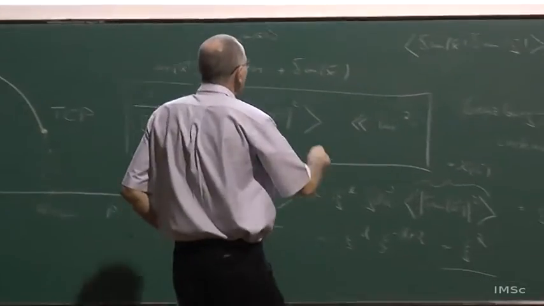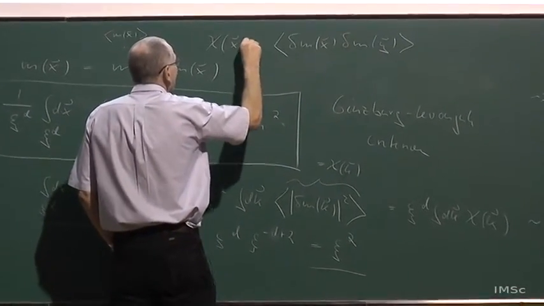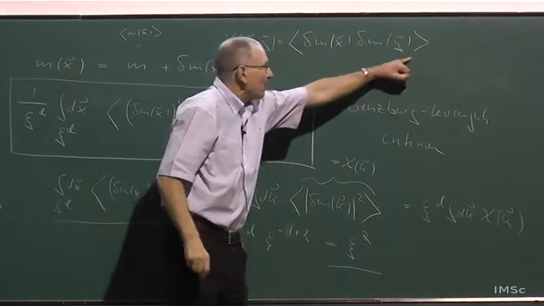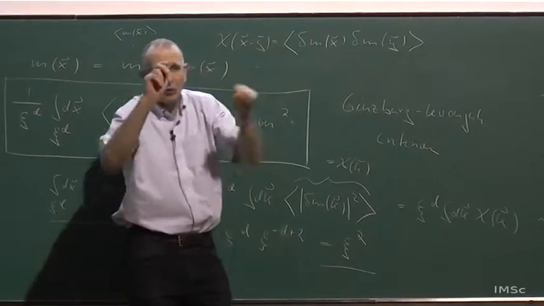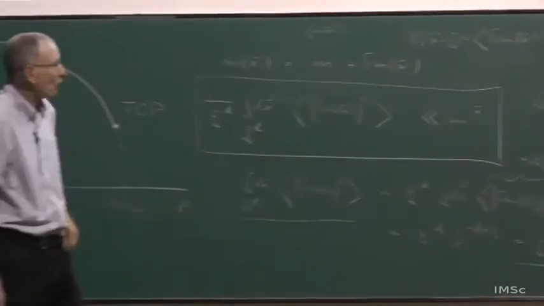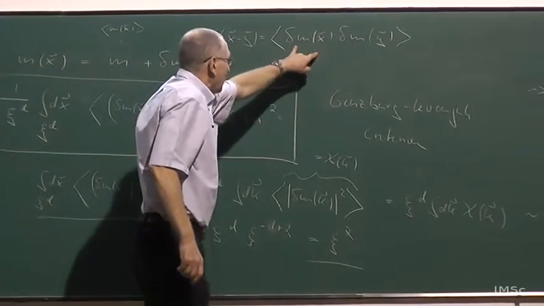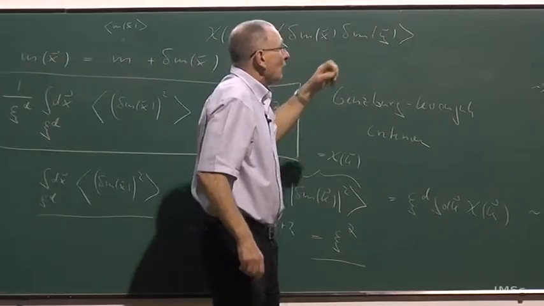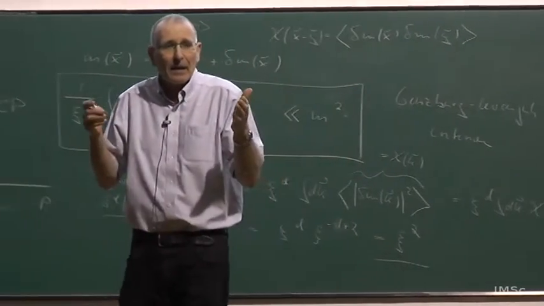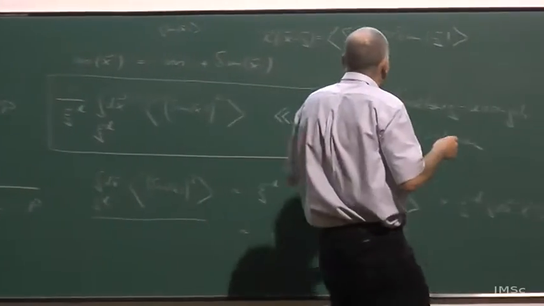That is the correlation function we would call chi of x minus y, because once we average, on average it can depend only on the distance between the two positions. It can't depend on the positions themselves. And that turns out to fall off exponentially in either the ferromagnetic or the paramagnetic phase.